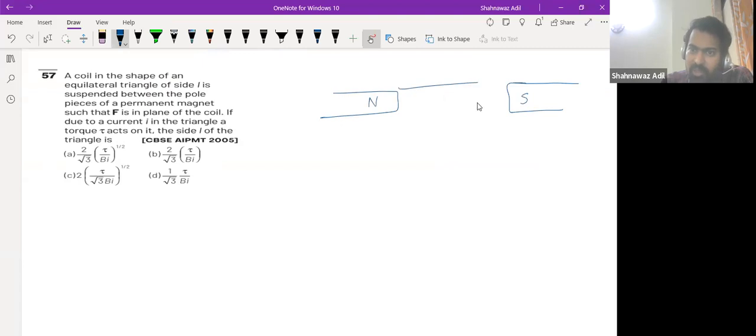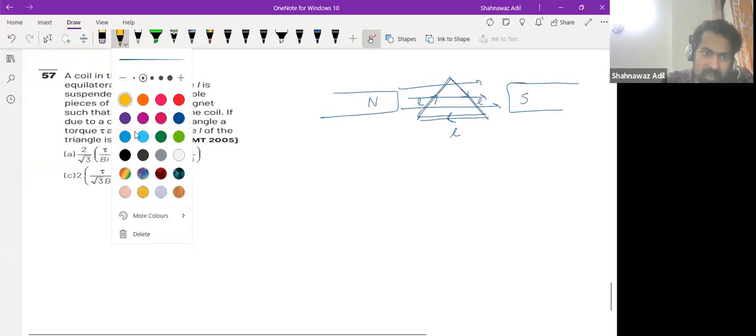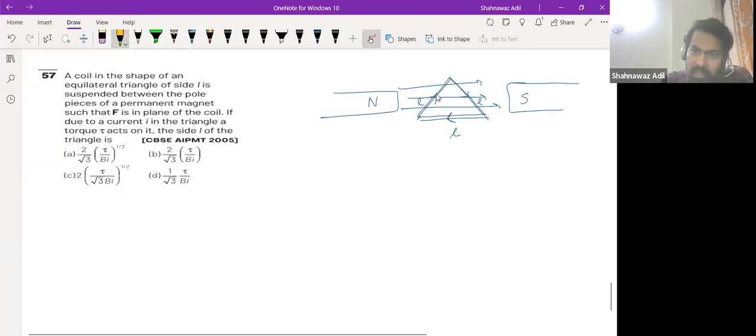This is the direction of the magnetic field, and in this plane we have this current carrying loop. Let's say the current is flowing this way. Its length is L and the current is I, in the triangle.